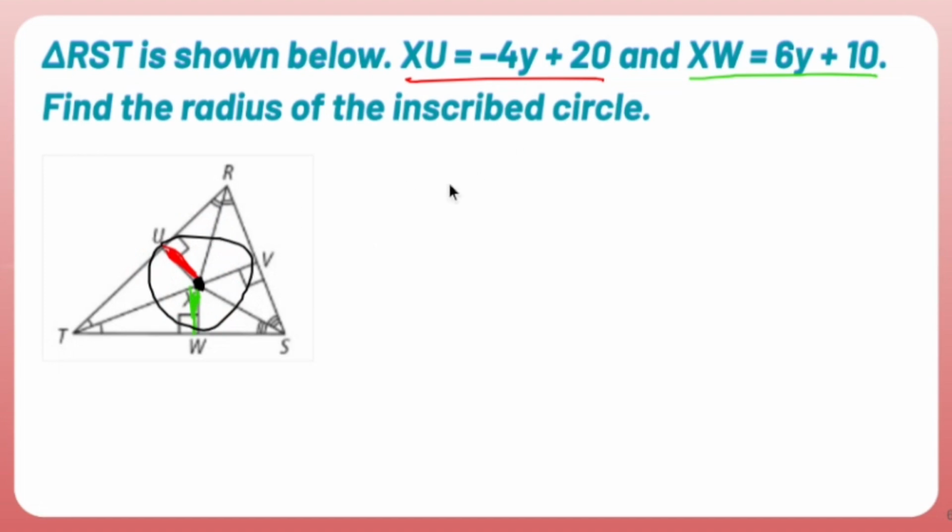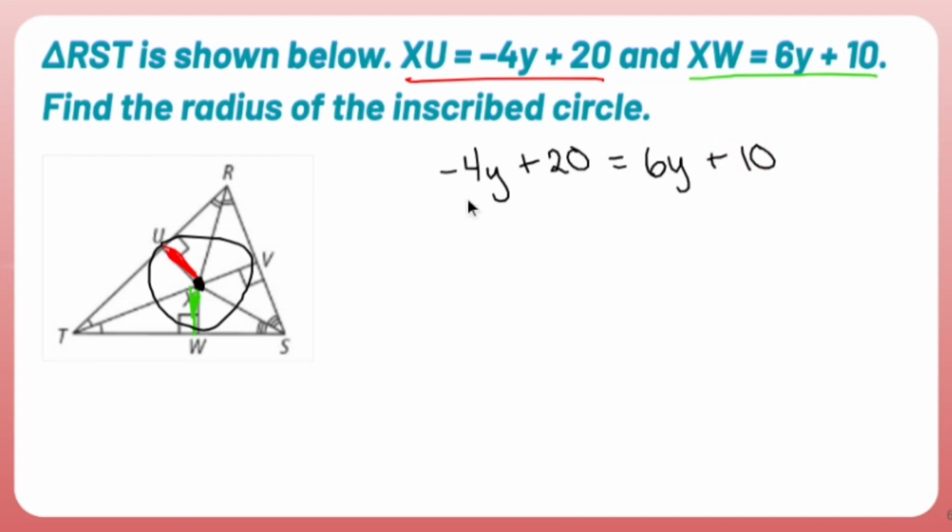The nice thing is that XU and XW are all radii of this circle, which means they're all equal. So XU is equal to XW. So negative 4y plus 20 equals 6y plus 10.